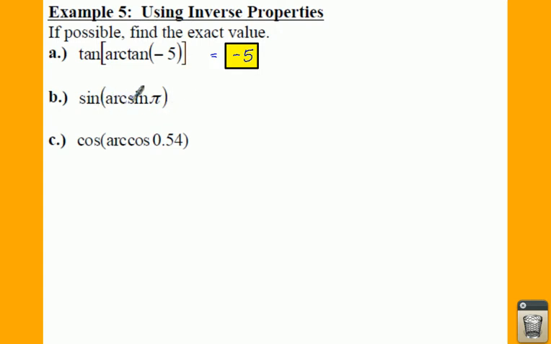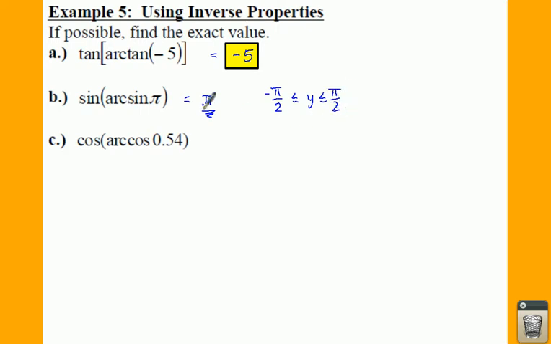Here you have to find the sine of the arc sine of pi. Your answer typically would be pi, but you have to make sure that whatever this answer is here is between your intervals. Since the sine is out front, you need to make sure this value is in the interval that is defined. For the arc sine, that is between -pi over 2 and pi over 2.